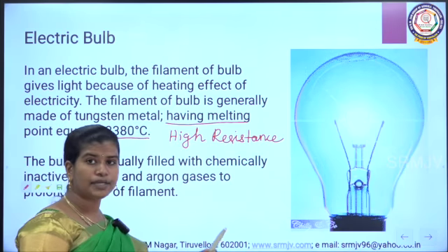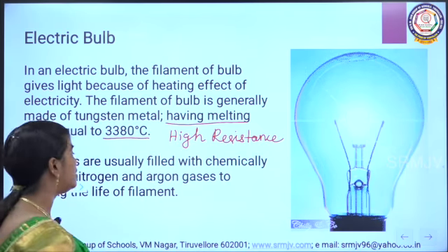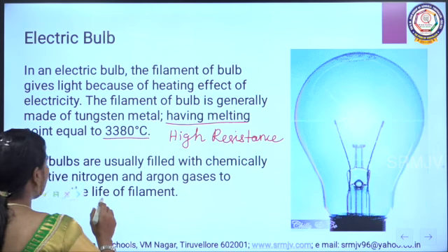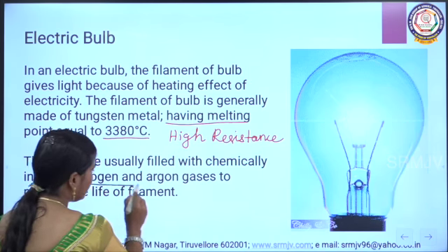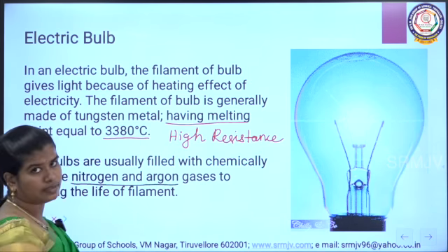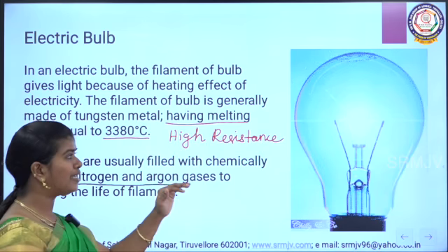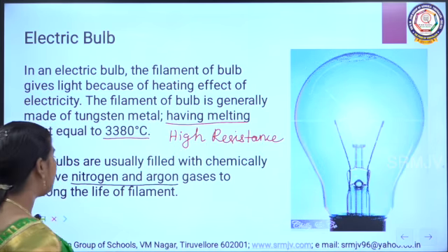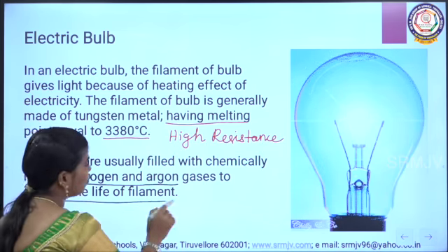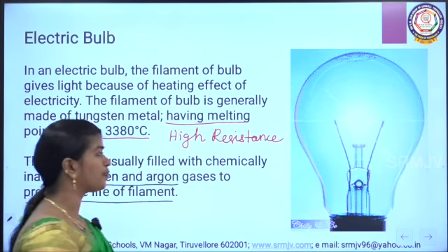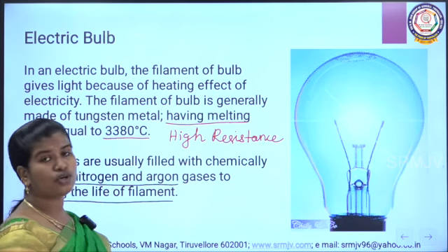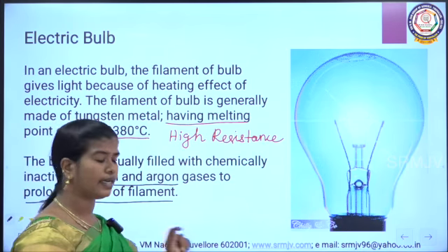Nothing is happening to the glass because the bulb is filled with inactive gases like nitrogen and argon. They are chemically inactive, so that it will prolong the life of the filament. Okay. So, that is the application of the heating effect of electric current.